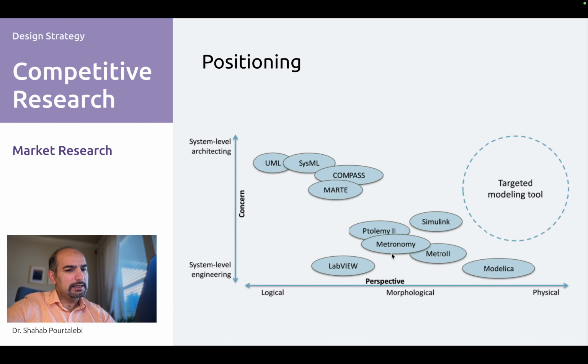Another thing that I want to show is from one of my projects that I was doing a couple of years ago. What I created is based on two things. One is this modeling perspective.